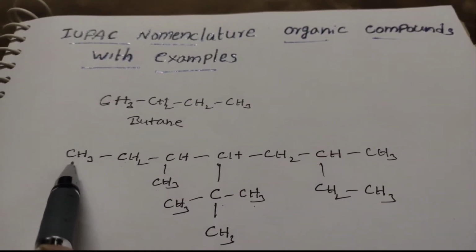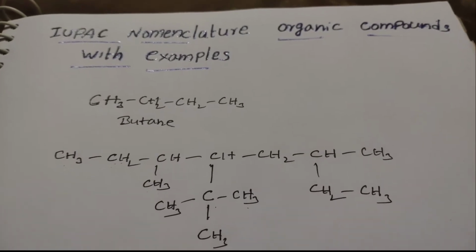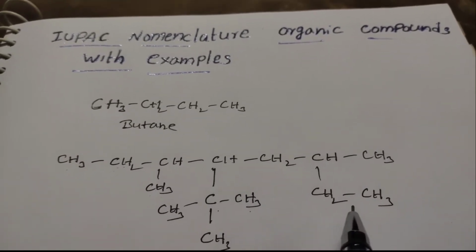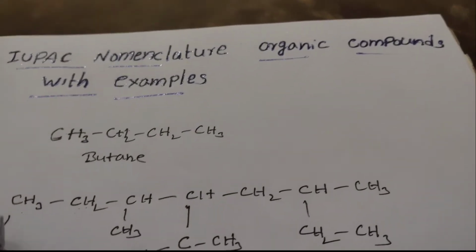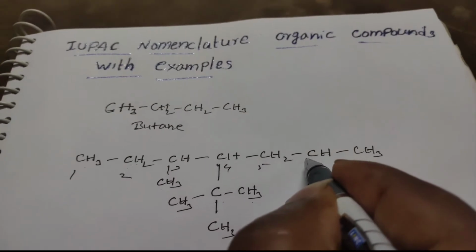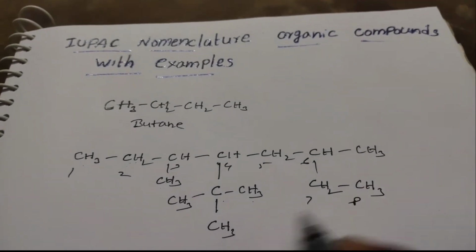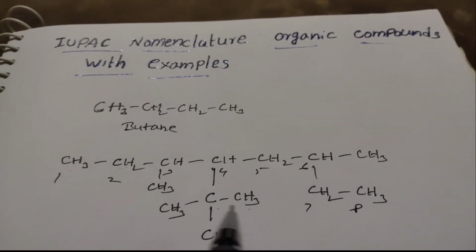If I number 1, 2, 3, 4, 5, 6, 7, 8, it covers 8 carbons. According to the longest chain rule, I am giving numbering 1 to 8. So the total number of carbons present in the given structure is 8.